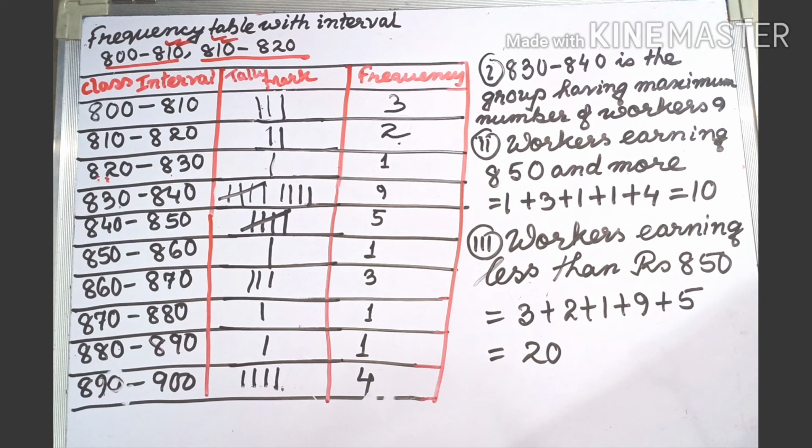Question number 2 was how many workers earn 850 or more than 850. You see here after 840 to 850, where the lower limit is 850, you have to count from there. They have told equal to 850 or more than 850.